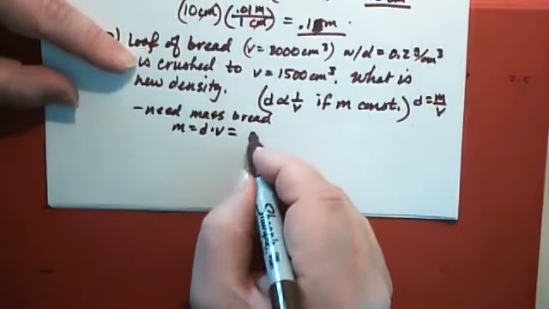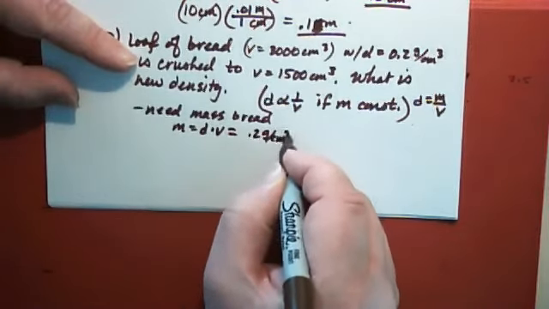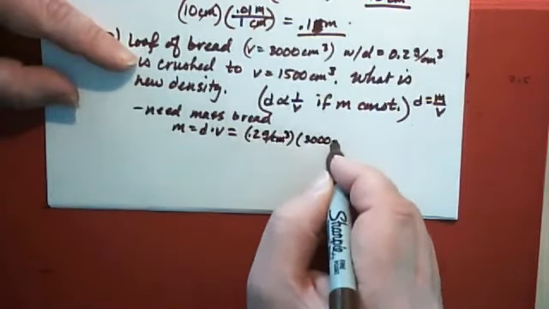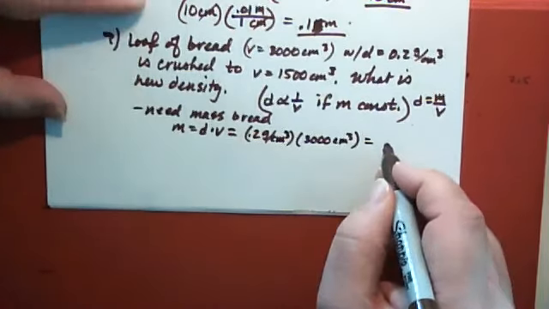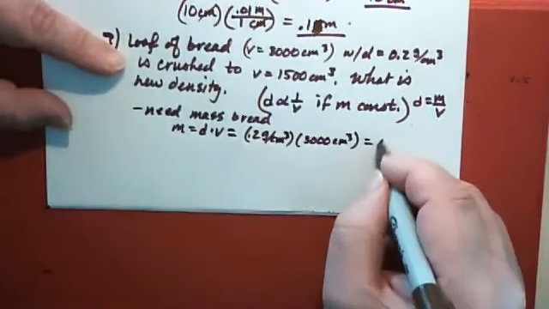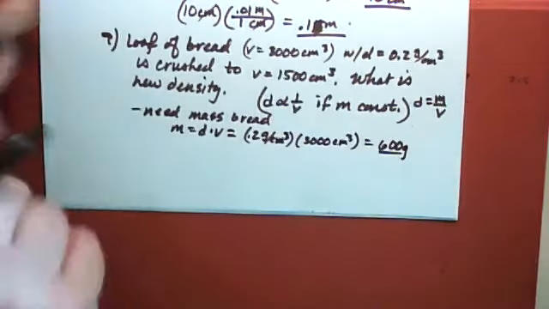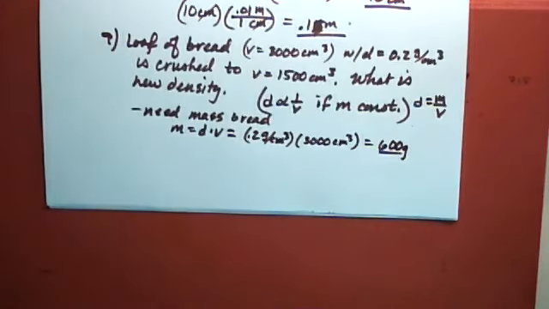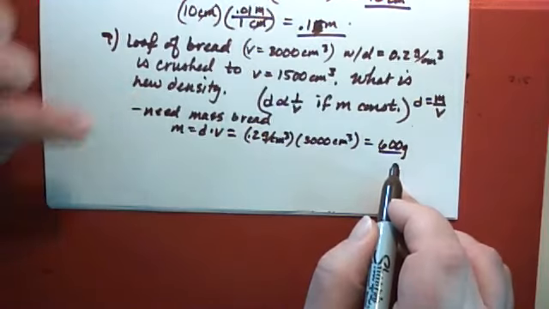And before crushing, the density was 0.2 grams per cubic centimeter times 3,000 cubic centimeters. And that would be 600 grams for the mass. 0.2 times 3,000, just to make sure. Yep, 600.